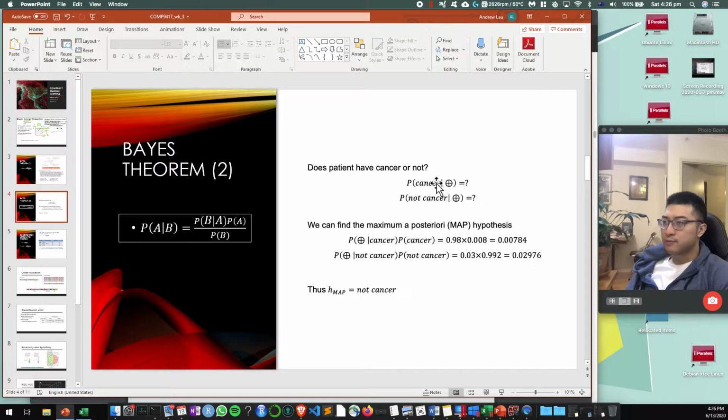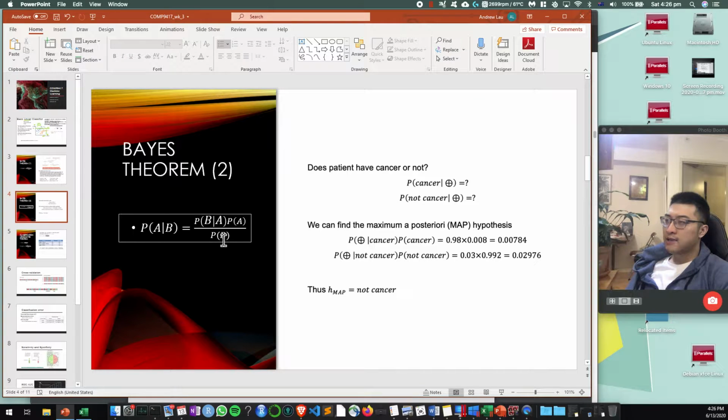In this case, this would be the B given A. So cancer is A in this case. So the probability of cancer given positive. Now, for both of these, the denominator is the probability of having a positive test result.